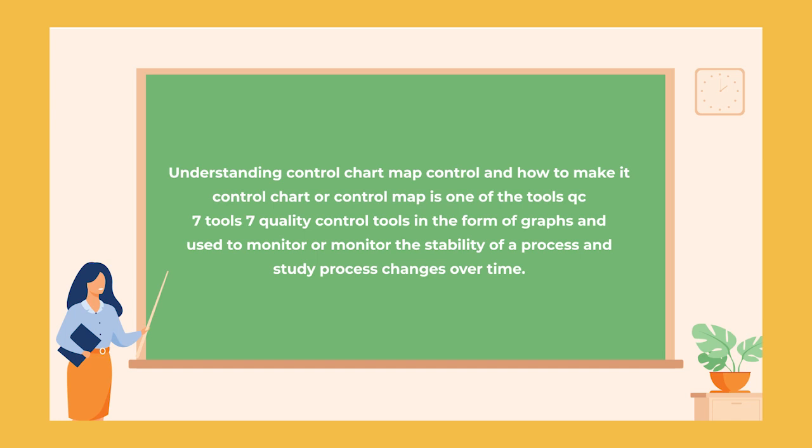Understanding control chart, or control map: it is one of the QC 7 tools, the seven quality control tools, in the form of a graph, used to monitor the stability of a process and study process change over time.